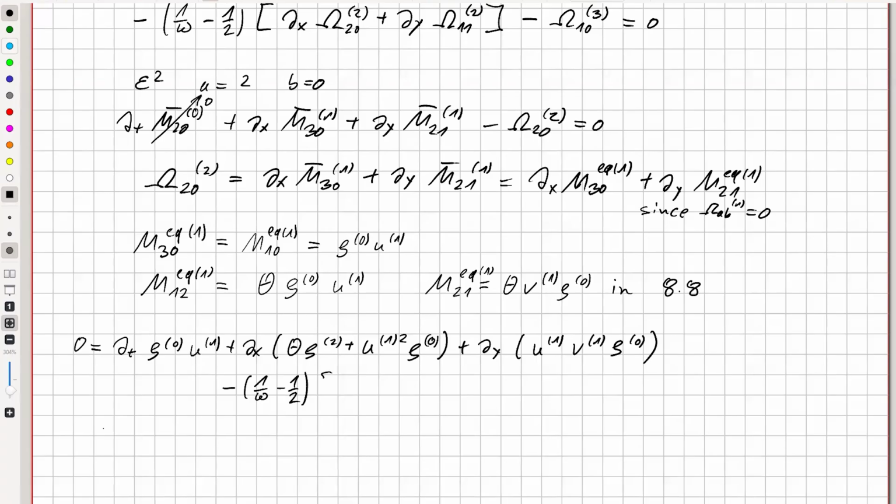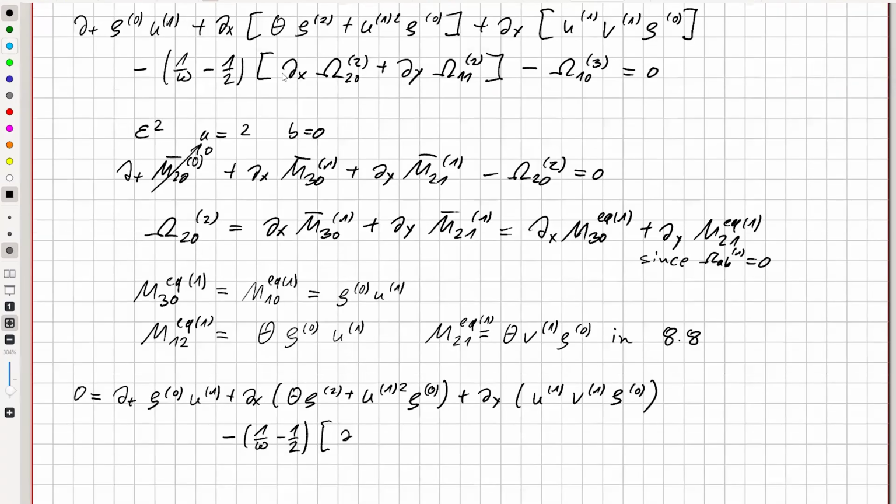Now we plug in here these guys, and we take this derivative or that derivative together with these derivatives, and I've already reordered them.